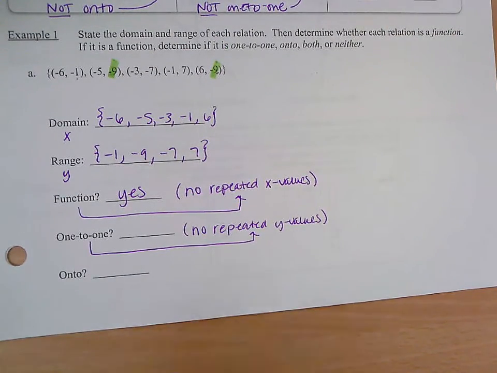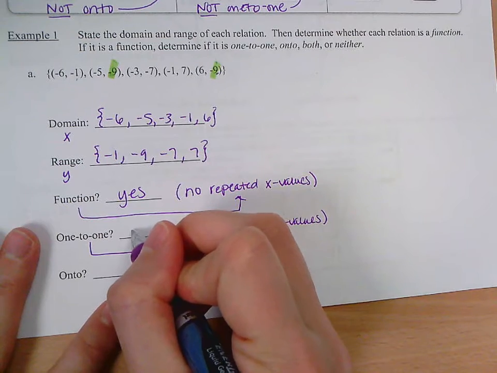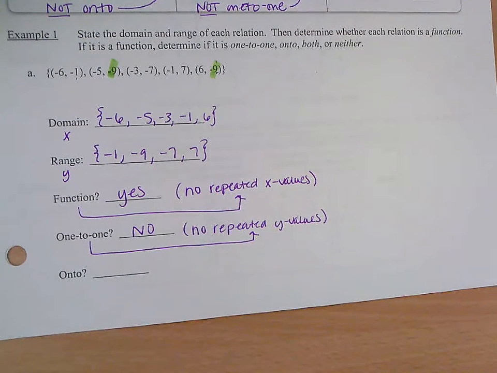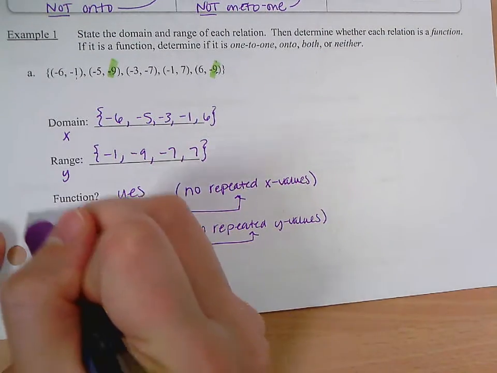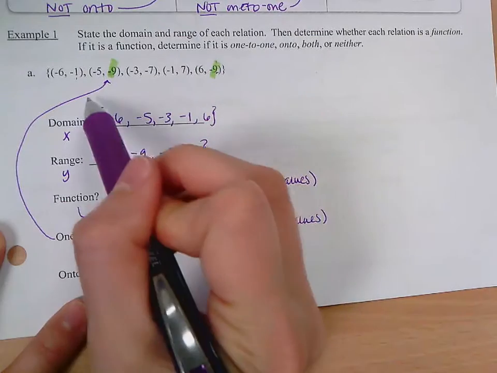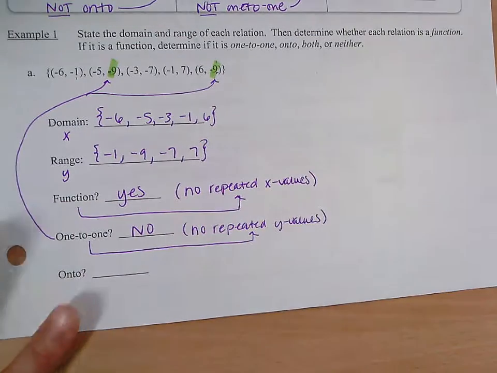Okay, that means this is not one-to-one. So this is a no. I'll just draw arrows up here as to why. I have two y values that are the same. So two different x values have the same y value. It's okay. It's a function. It's just not one-to-one.